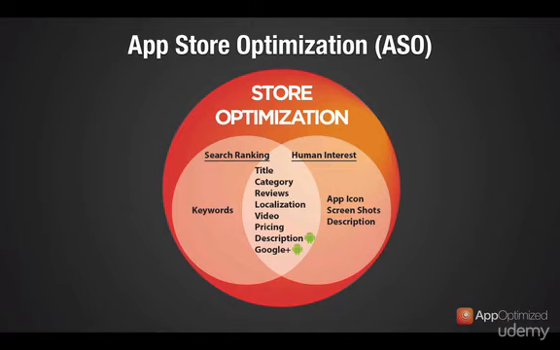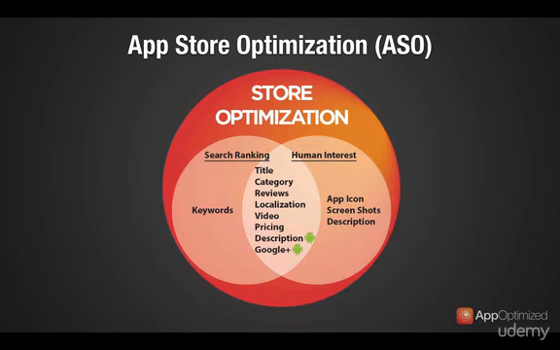For now, I just want to point out that in App Store optimization, you're really focusing on two separate things, and it's really helpful to realize that there are two different goals we're trying to achieve here. The first goal is to achieve a good search ranking.